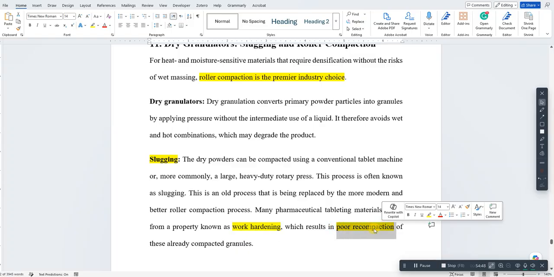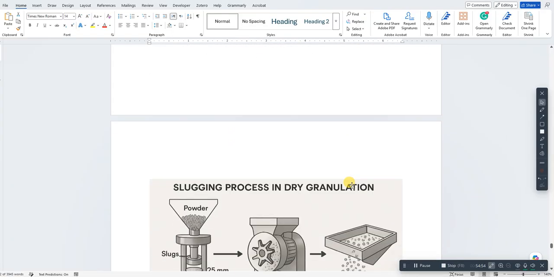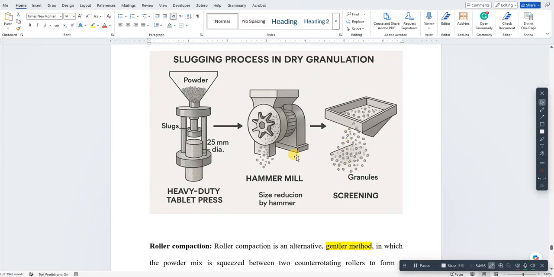When I take them again for compaction into tablets, they will have poor recompaction. That's why here you will see the slugging, in a very simplified drawing. Slugs are produced, 25 millimeter diameter, 15 millimeter height, and then they have to be broken, and here you have the granules.